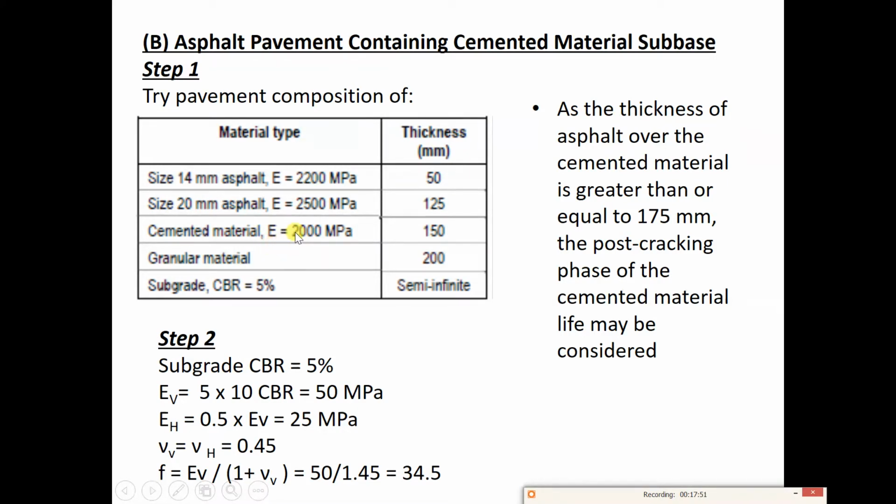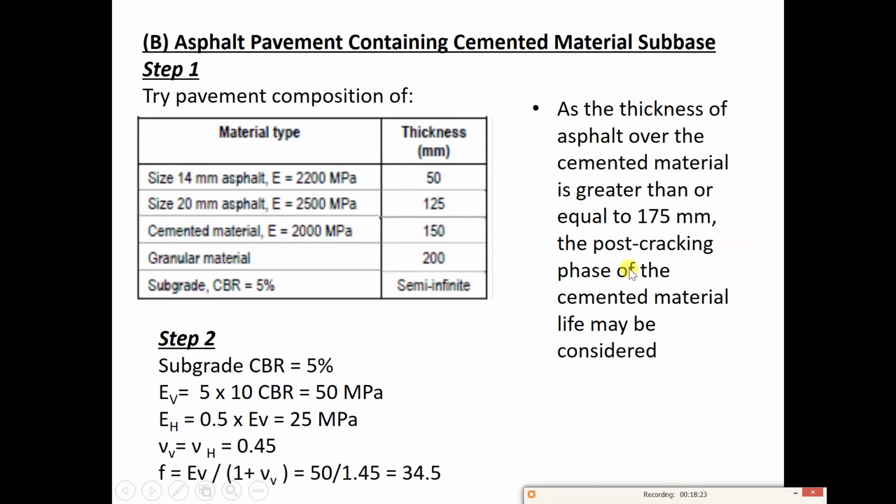But if you consider cracking, you allow the cemented material to crack, and then we consider the post-cracking phase to ensure the pavement is still sound and does not fail even though there's cracking. The crack will not reflect up to the asphalt because it's quite thick, 175. So probably we can save some thickness for this pavement.